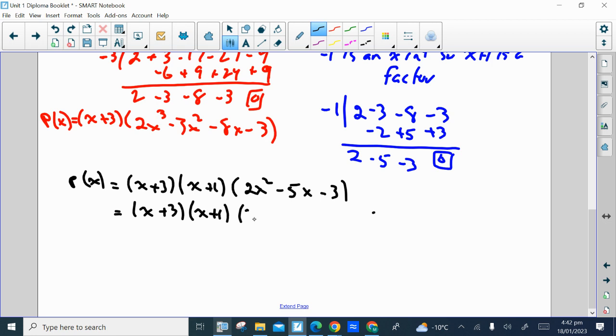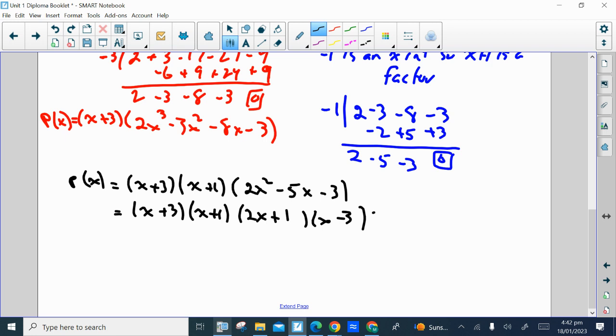And that quadratic can be factored. Minus 3 there, plus 1 there. That'll give us minus 5x in the middle and minus 3 at the end. So now we've done our complete factors.